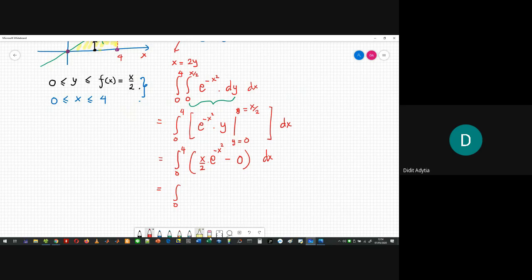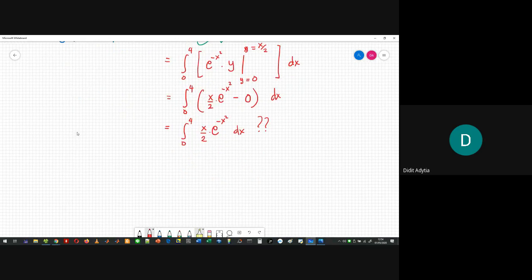So what do we have? The integral of x over 2 times e to the power of minus x squared dx. How do we solve this? By using the previous method that we proposed. I will calculate it first here. I consider this a substitution method: u is minus x squared, du is minus 2x dx, and then dx is minus 1 over 2x du.